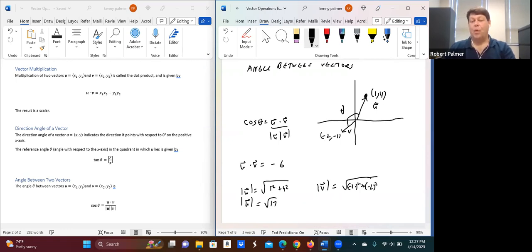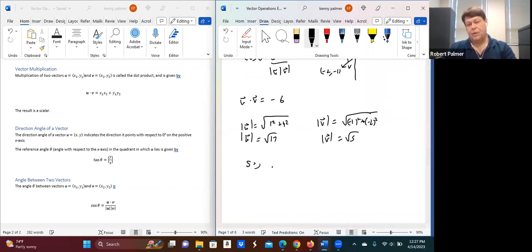And so that's going to be 1 plus 4, and that's going to be the square root of 5. Okay, so the cosine of this angle between them, theta, is equal to -6, which is u dot v, divided by the square root of 17 times the square root of 5.